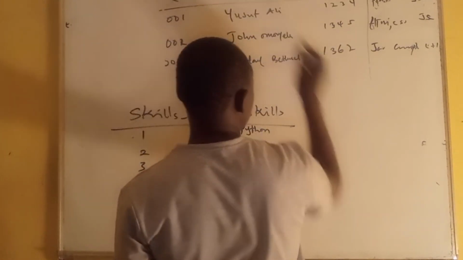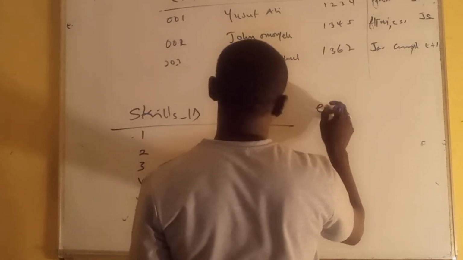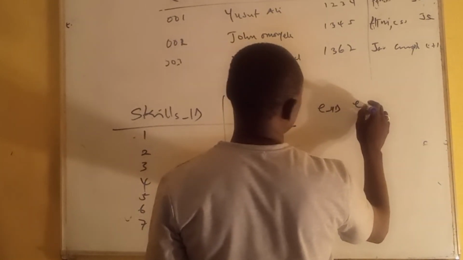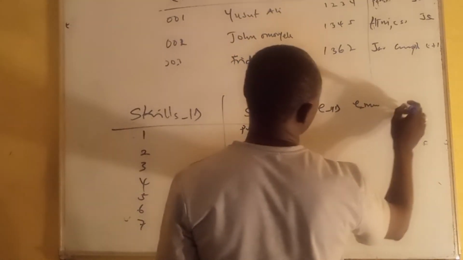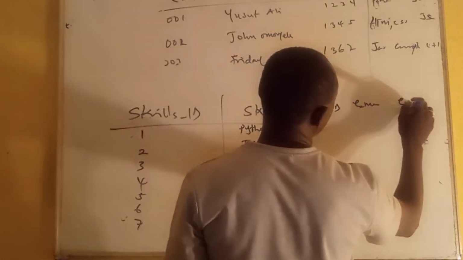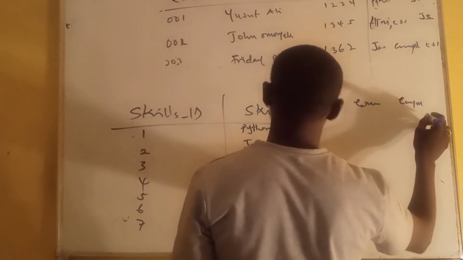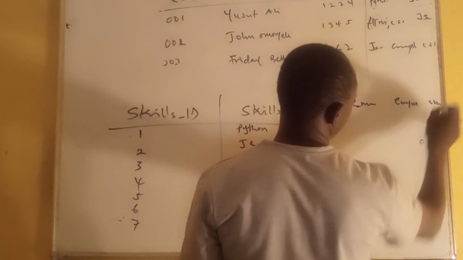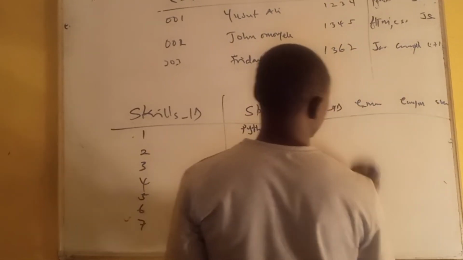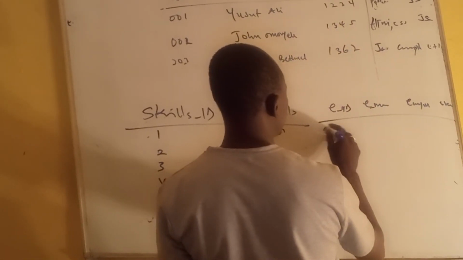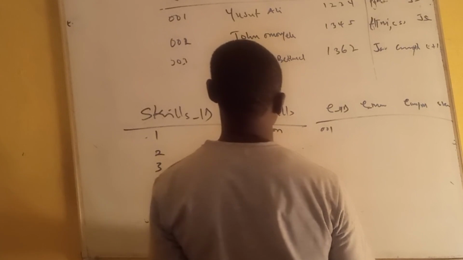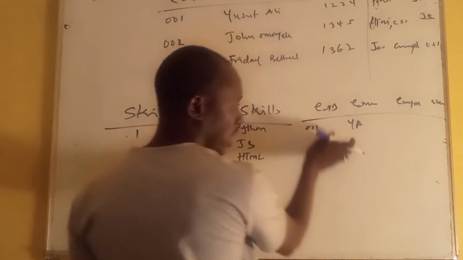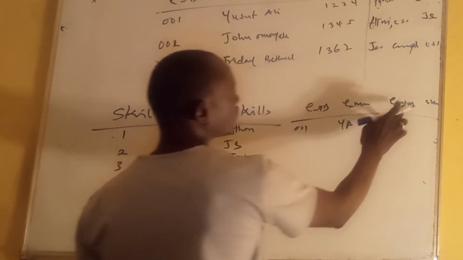We are going to have the same table here with employee ID, employee name, employee mobile, and then skills. So now the ID is 001, and we know it's Yusuf Ali. Let's abbreviate; we are not doing practical here.